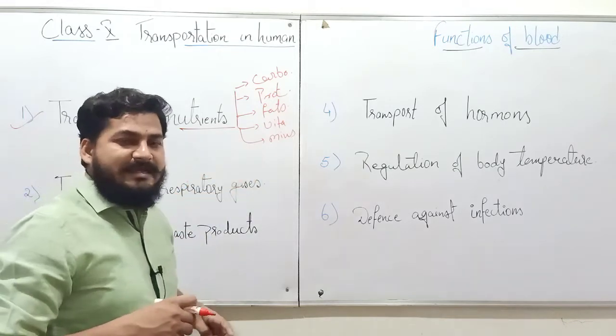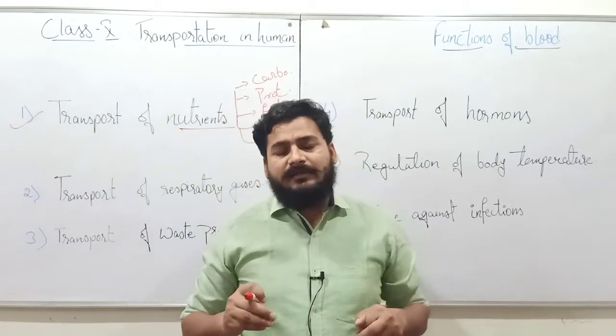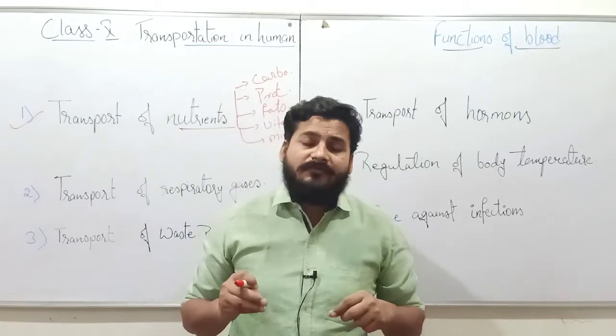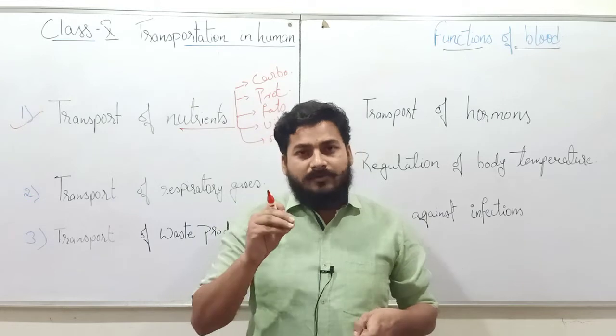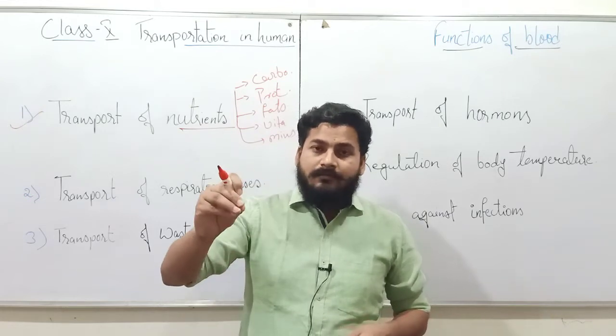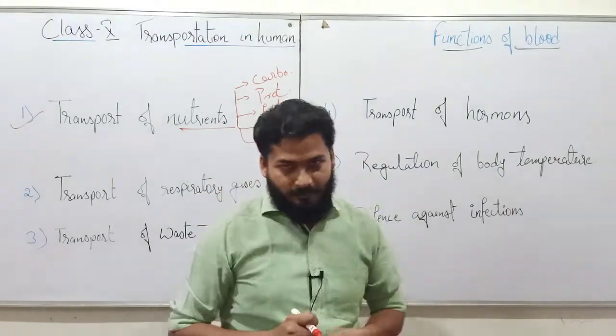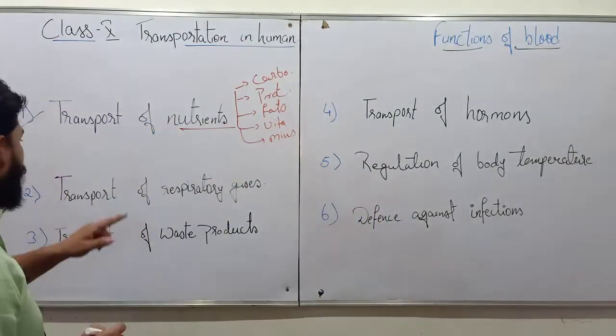Since the blood has the ability to reach every part, organ and cell of the body, it plays a key role in transporting these nutrients throughout the body. This was the first function.